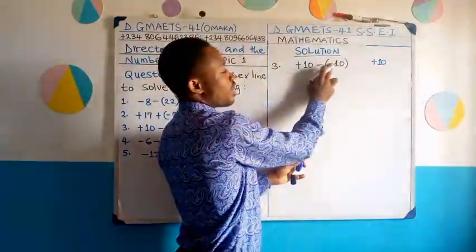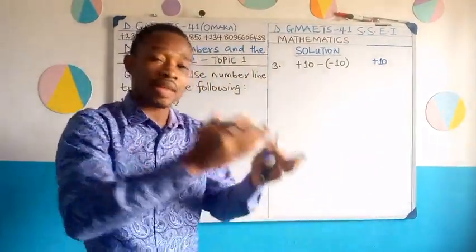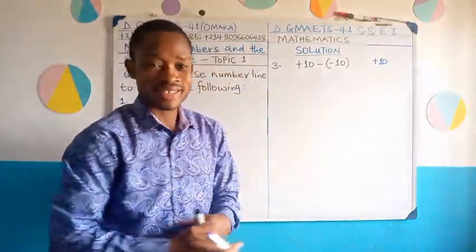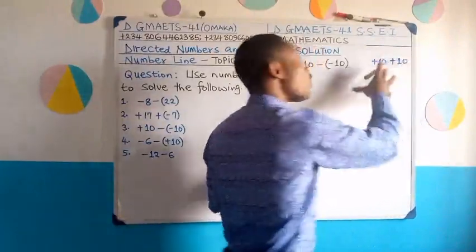After this minus, you have this minus. I've told you already that the bracket there is times. So minus times minus, the same signs, is going to change to what? Plus. That's good. So this is the same as plus 10 plus 10. That's what we are solving.